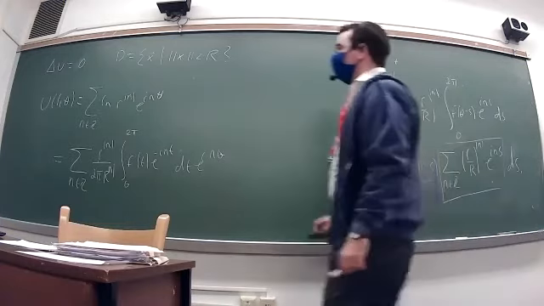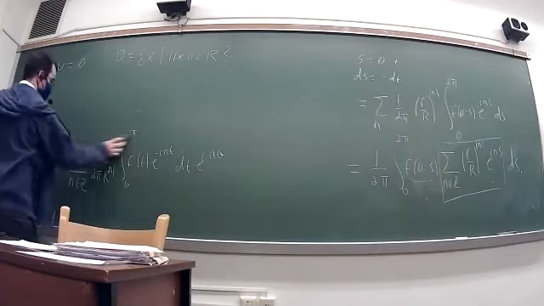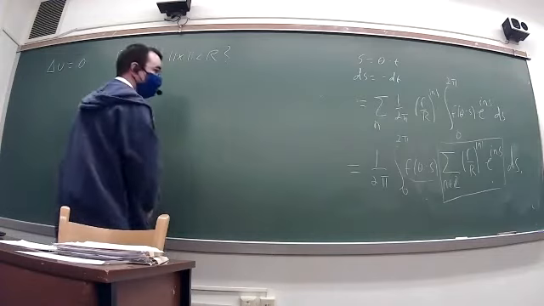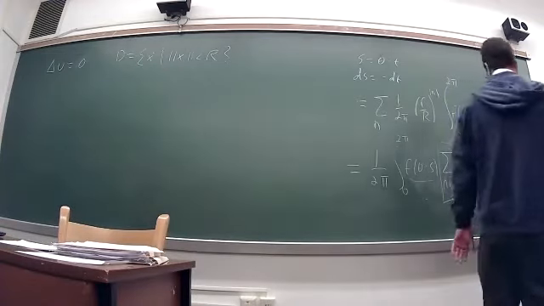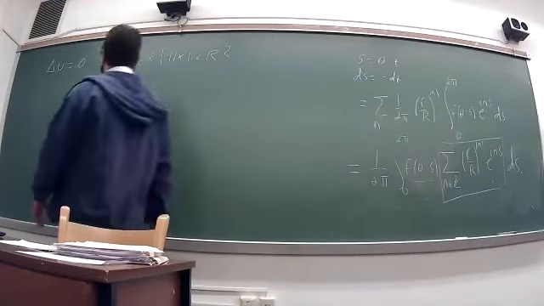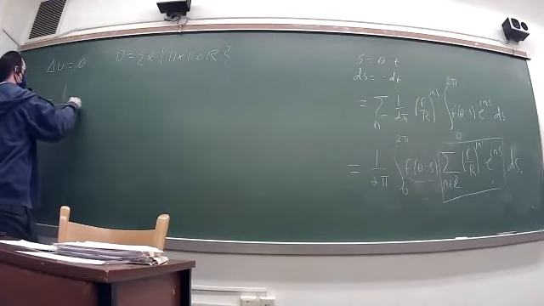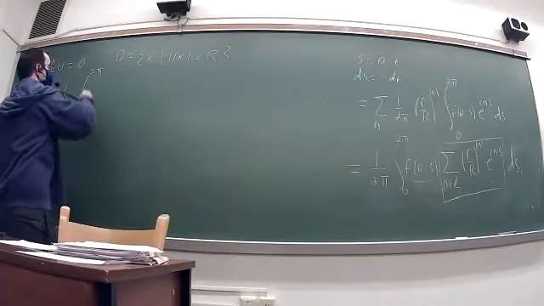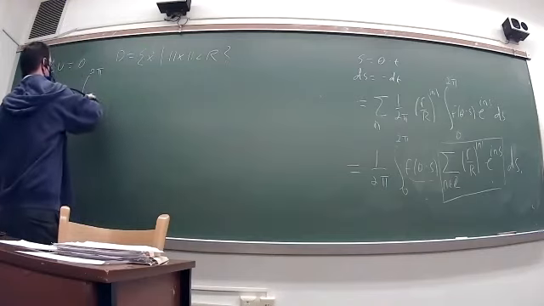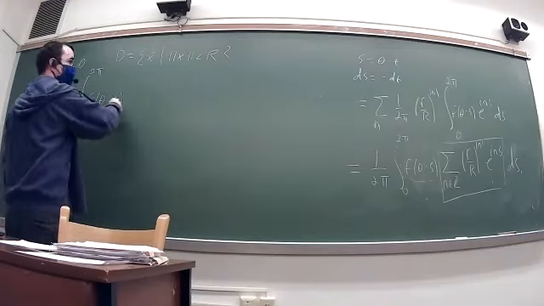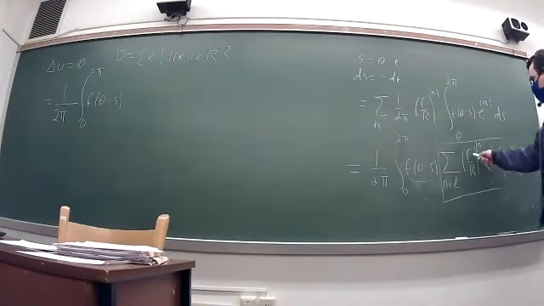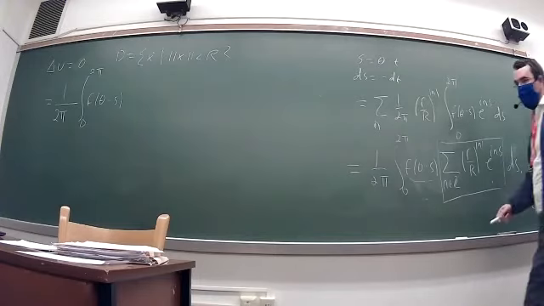And so now this is equal to our expression that we derived. And this is 1 over 2 pi, integral from 0 to 2 pi, F of theta minus s times what? So I need to plug in this number, r over R, into our formula.